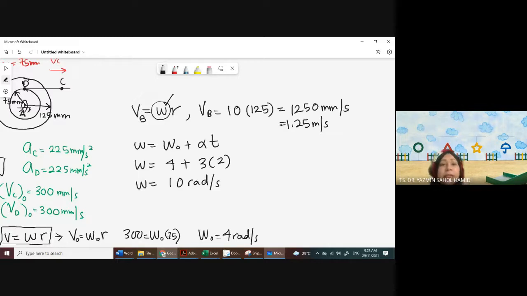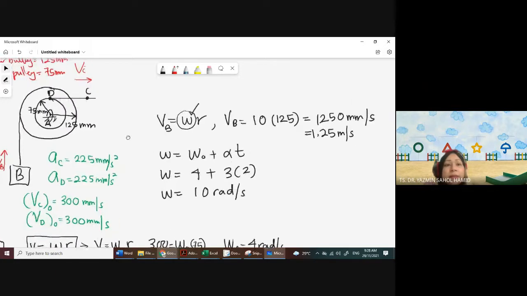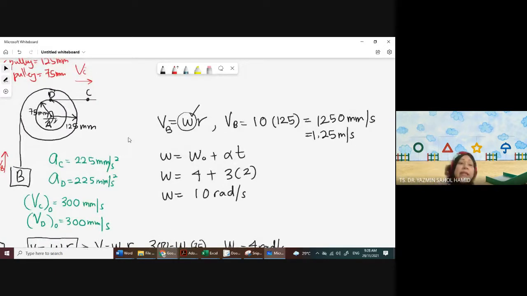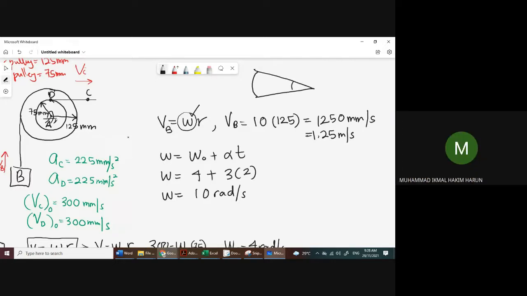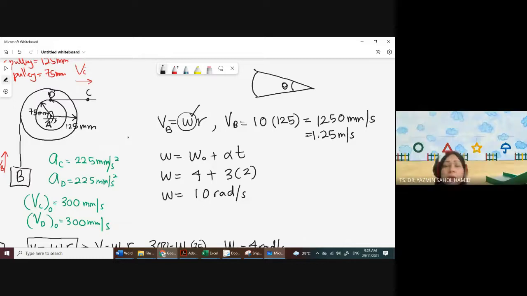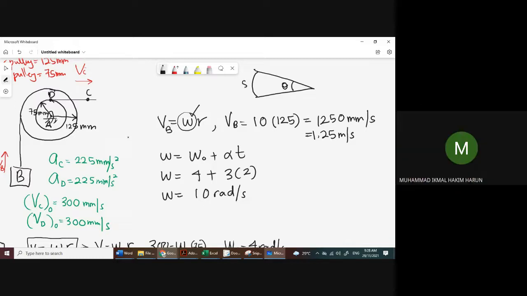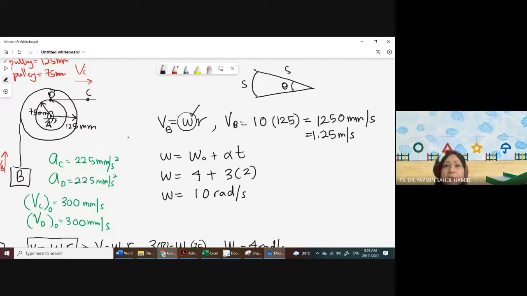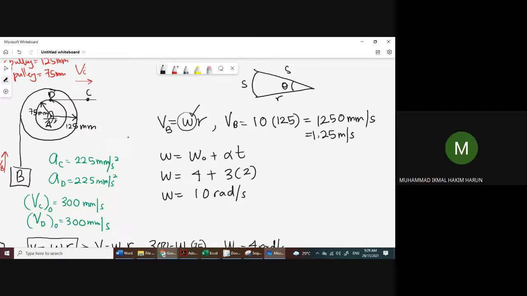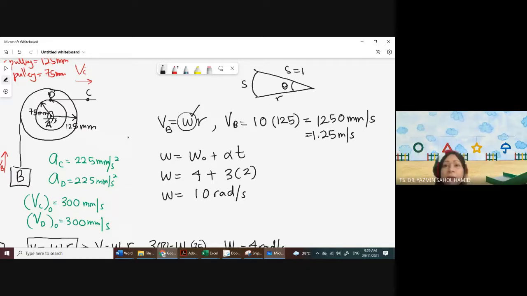Okay. Macam mana kita nak dapatkan change in position for block B? Kelas. Ingat tak formula lilitan? Apa formula lilitan? 2 pi r. S sama dengan R theta.